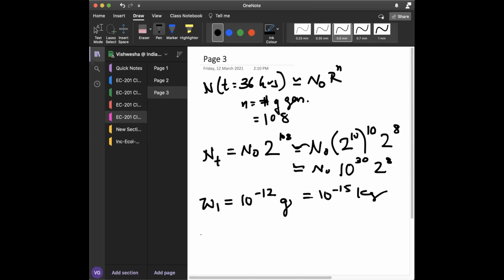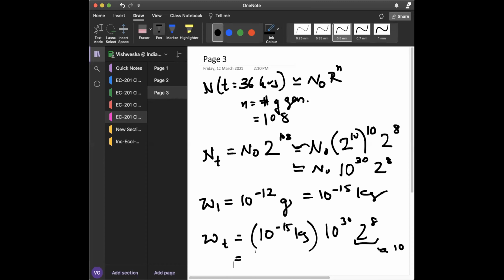So the weight at time t will be 10 power minus 15 kg per individual into the number of individuals. I had given N0 to be 1. So it's 10 power 30 into 2 power 8 roughly. So I can assume this to be approximately 10 power 31, times 10 power minus 15. This is 10 power 16 kg. Is that the rough number that many of you got?